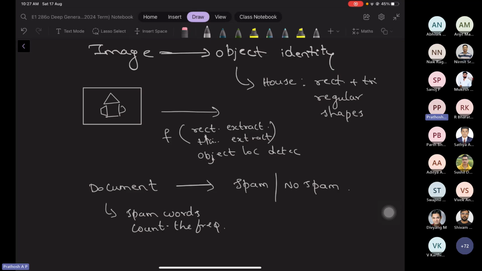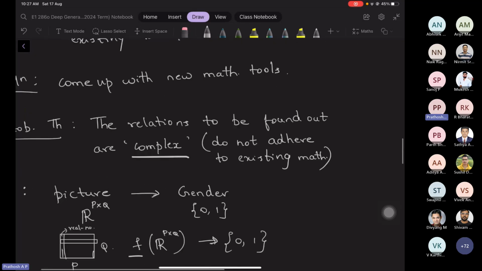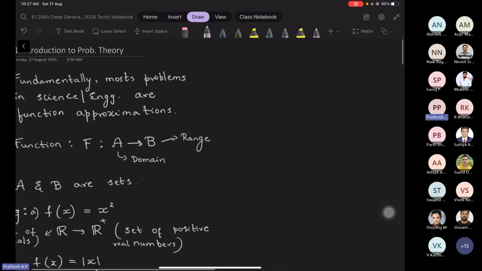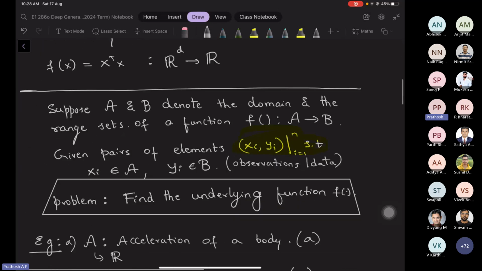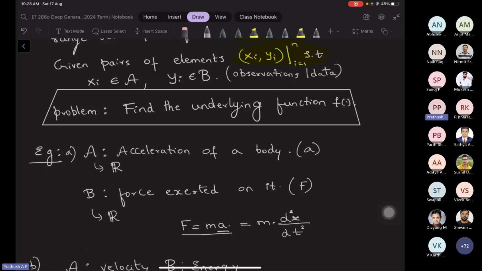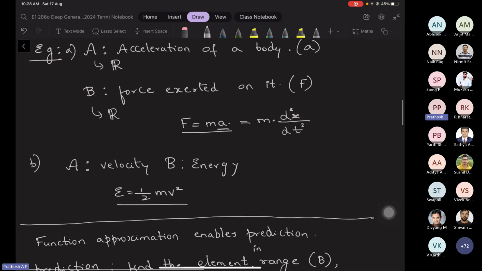So you understood, right? If I have to trace back to what we discussed so far, what we are actually interested in is, given pairs of observations or elements from two particular sets, finding out what the underlying relationship between the elements of those two sets is. Now, in classical settings, where the relationship between them can be estimated using existing mathematical tools, you can try to find out how the relationships are.